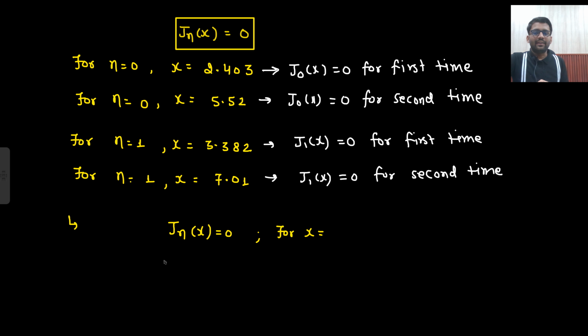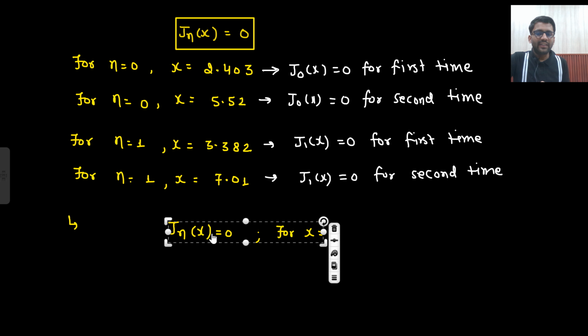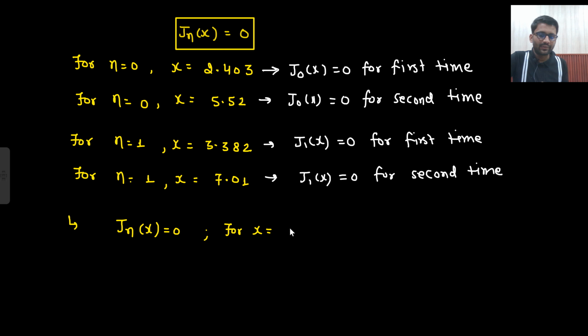Now what I am writing is that Jn(x) is equal to 0 at x equals xnp. What do I mean by that? Let's say I have written x11. That means the value of n is 1 and the value of p is 1.